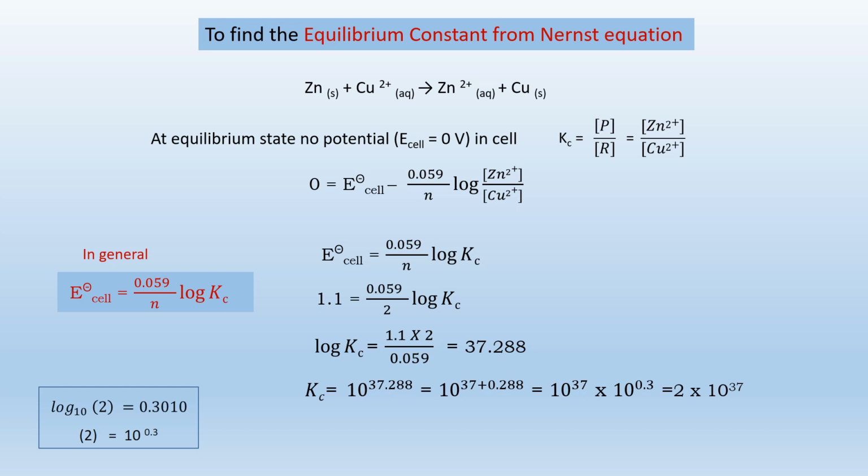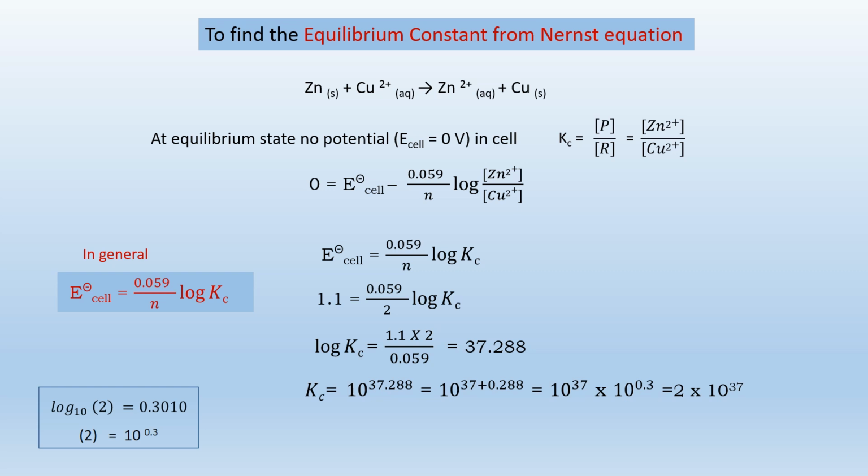Whenever the log moves from the left hand side to right hand side, it becomes exponential form. See, log has the base of 10. Natural log has the base 2.7. Log has base 10. So, whenever the log moves from left hand side to right hand side, it becomes 10 power. Okay. So, I have written Kc is equal to 10 power 37.288.